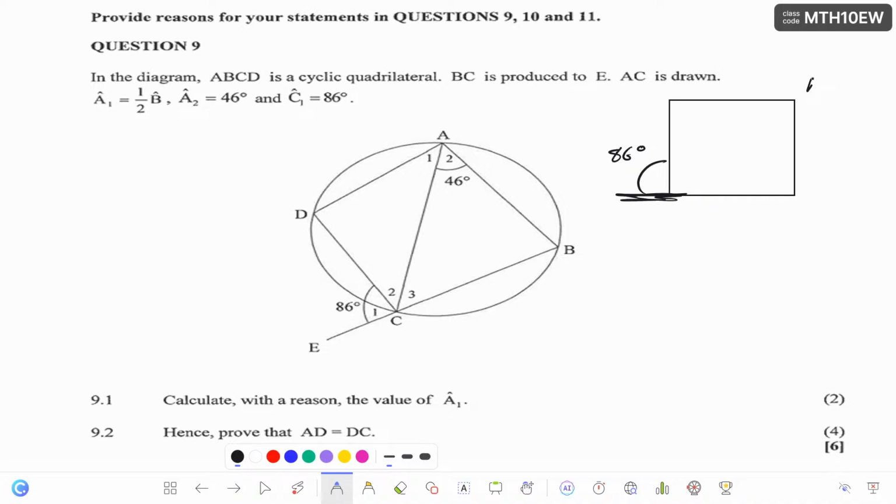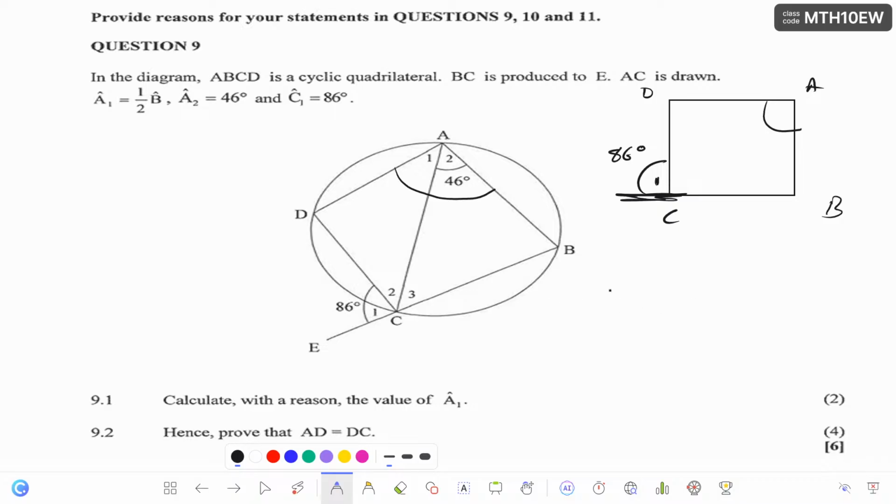This angle here equals the whole angle A. The reason is that it's the exterior angle of a cyclic quadrilateral. So even here, this whole angle is 86 degrees.